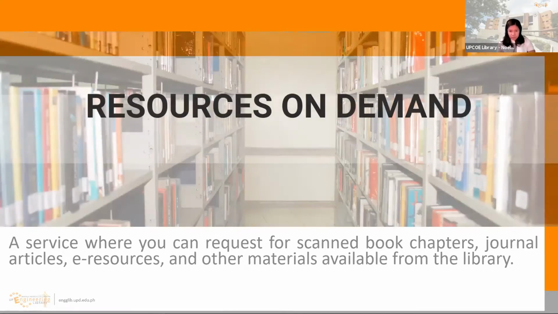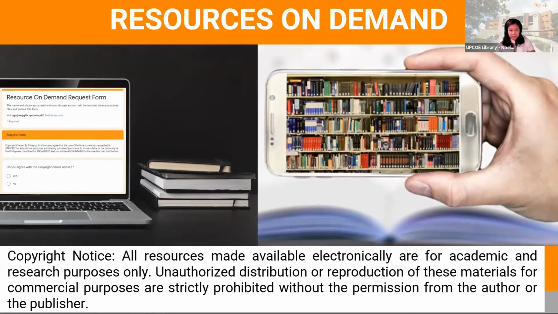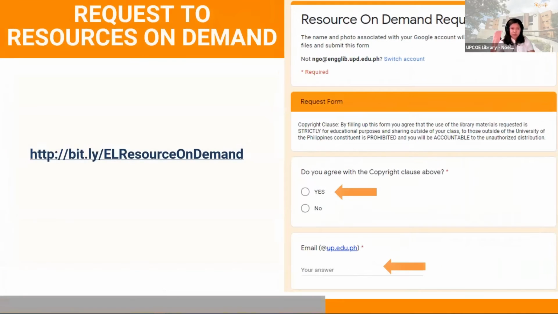Every time we scan materials requested by our students and faculty members, we always attach our copyright notice, which states that all resources made available electronically are for academic and research purposes only. Unauthorized distribution or reproduction of these materials for commercial purposes is strictly prohibited without the permission from the author or the publisher. For our books, we allow 10% of the total number of pages.